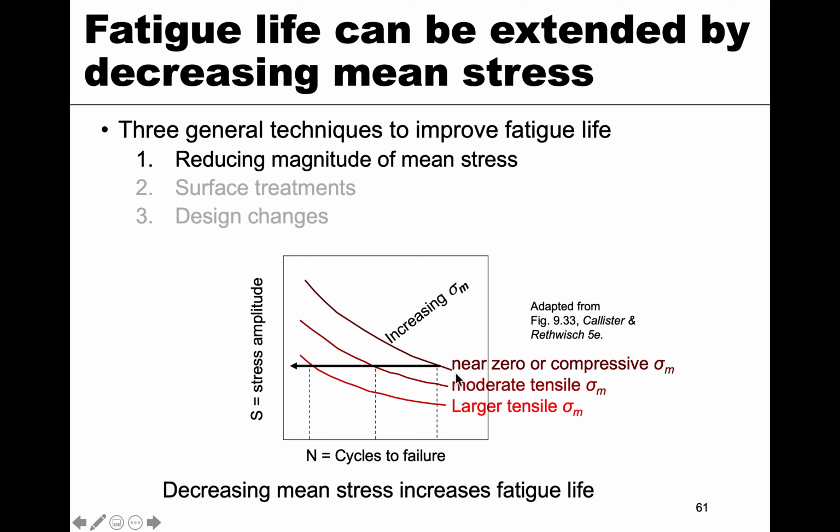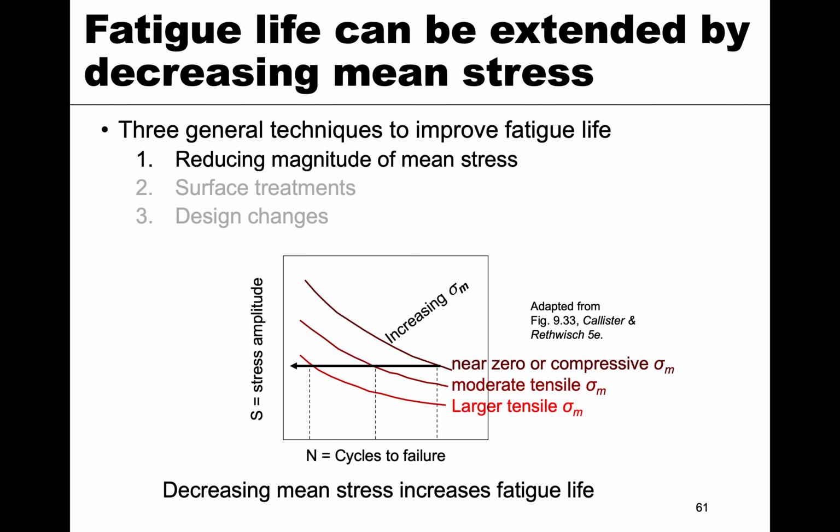If we decrease the stress, it increases the number of cycles that it can withstand, right? That's always a great option if it can be done. If the design allows for decreasing the stress, that's one part of it.